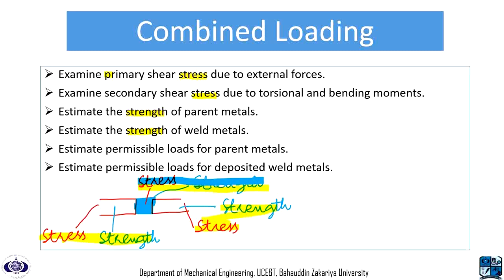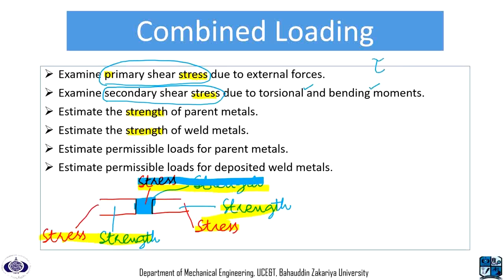So in a combined loading, firstly we need to find the primary shear stress due to external load. Then we will be working on the secondary shear stress due to external load, and in case of secondary shear stress, the external loads can be due to torsion or it can be due to bending.